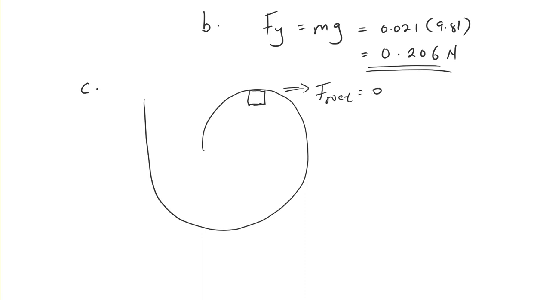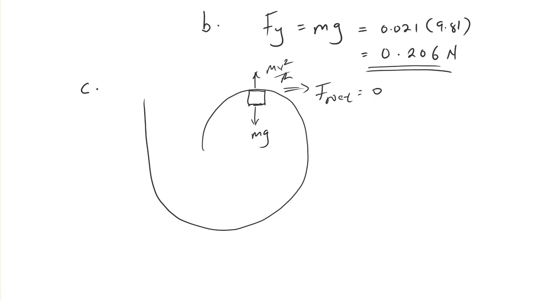So what are the forces acting here? The two forces acting here are the weight, which is mg, and the centripetal, which is mv squared over r. So these two forces have to cancel out, and from this we can find the velocity at this point.